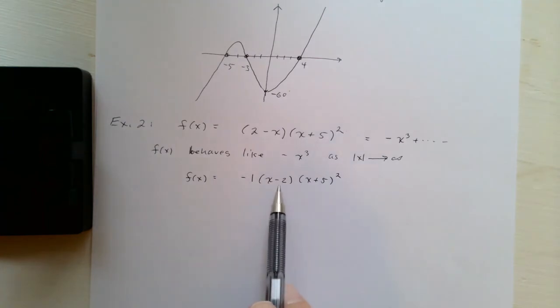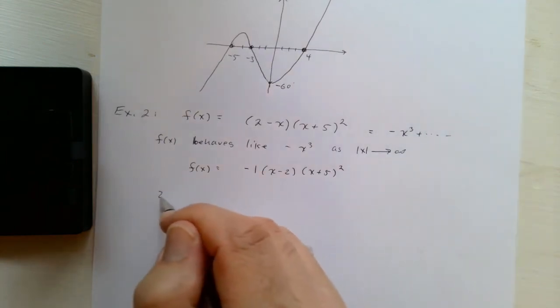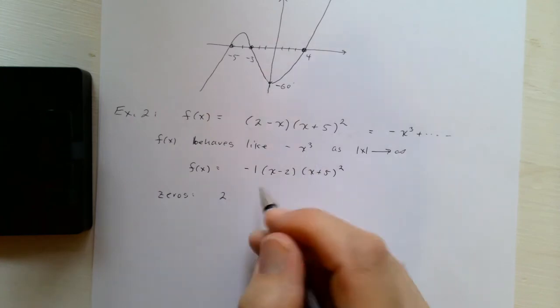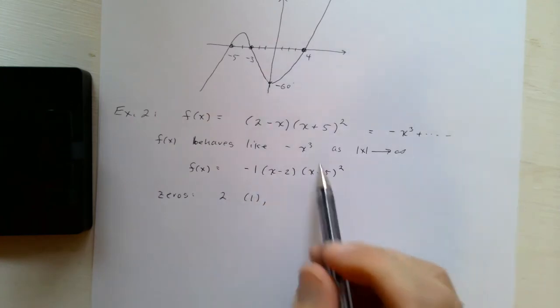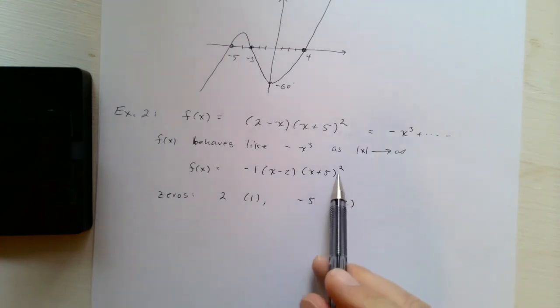So the x minus 2 is still a factor. It's just a little hidden. And so the zeros will be 2 with multiplicity 1 and negative 5 with multiplicity 2, because x plus 5 occurs twice.